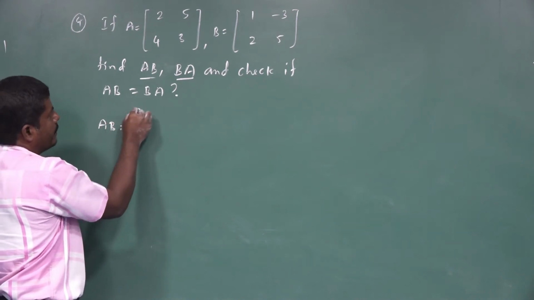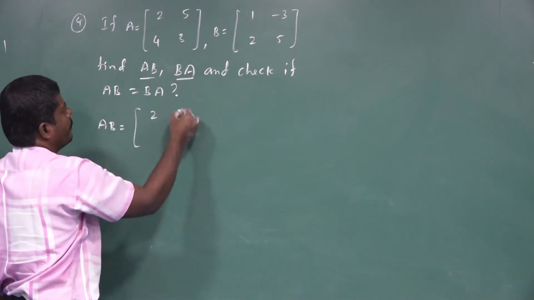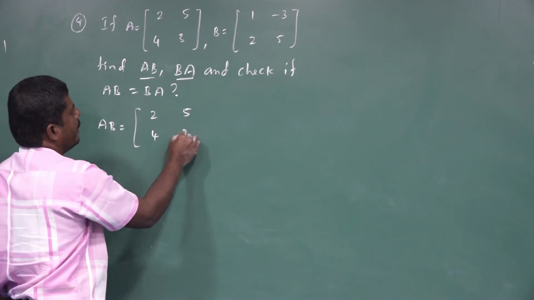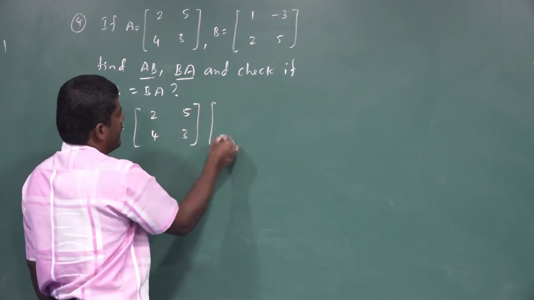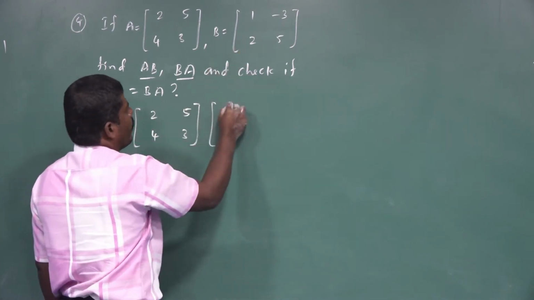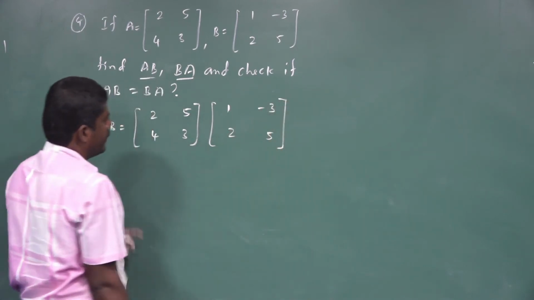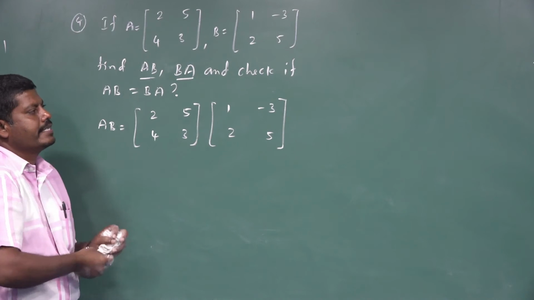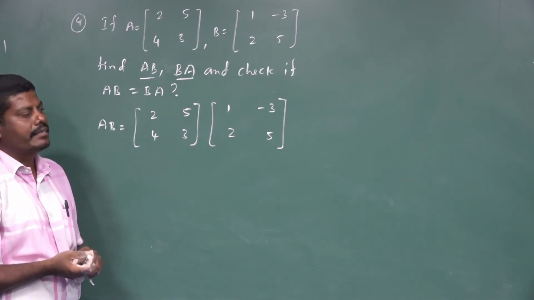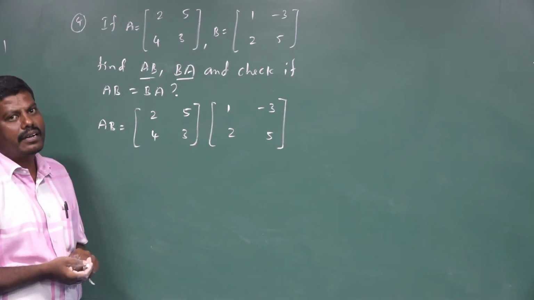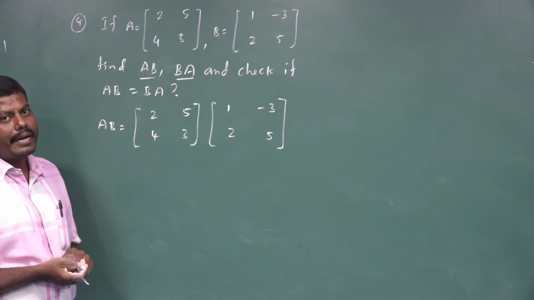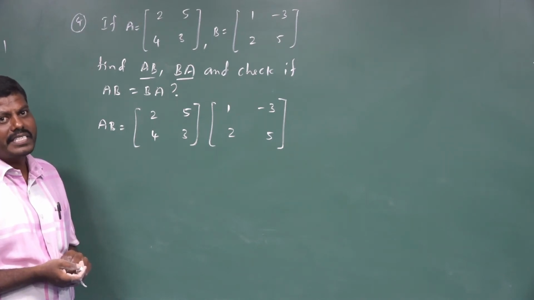AB is equal to A matrix 2, 5, 4, 3 and B matrix is 1, minus 3, 2, 5. You want to multiply these two matrices. First you have to check whether the product is possible or not, whether multiplication is possible or not.